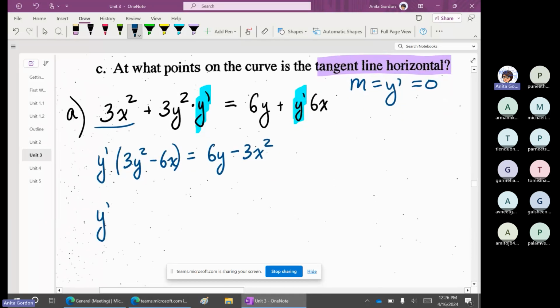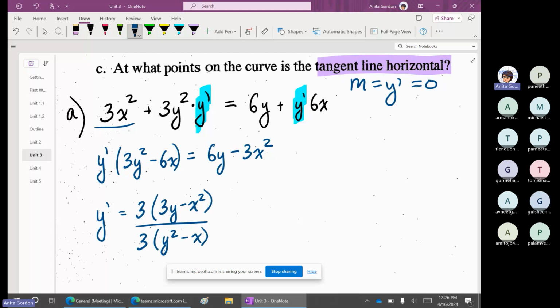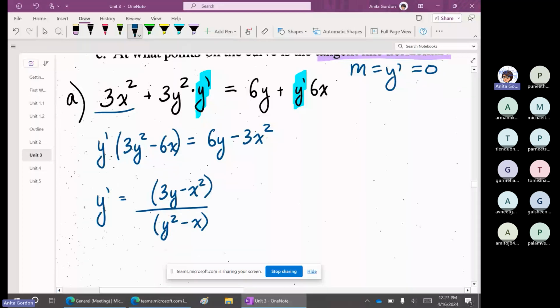Solving for y prime. Looks like they all can be factored by 3, so I'm going to pull out the 3 here. 3y minus x squared over 3y squared minus x. And I can just erase the 3 because it factors out. This is negative 6x, right? Yeah, I did that whole thing wrong, didn't I? 6 divided by 3 is 2.